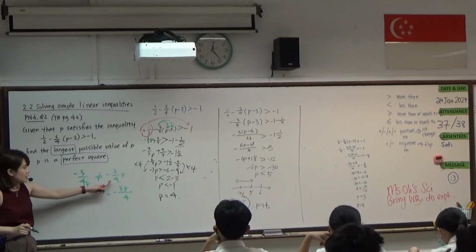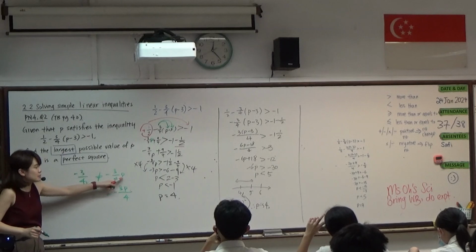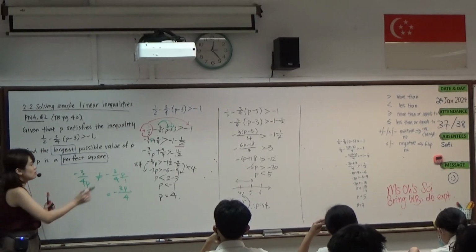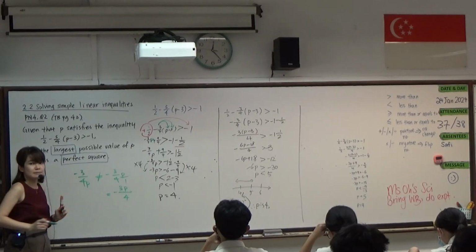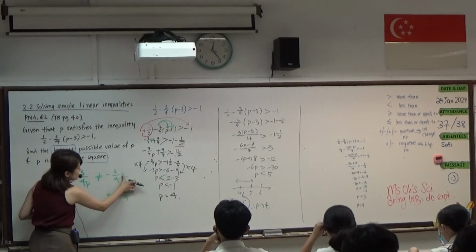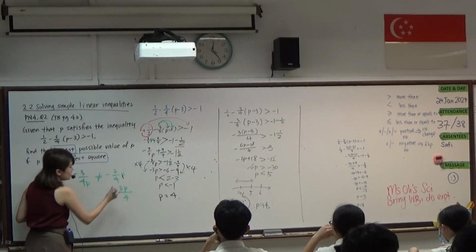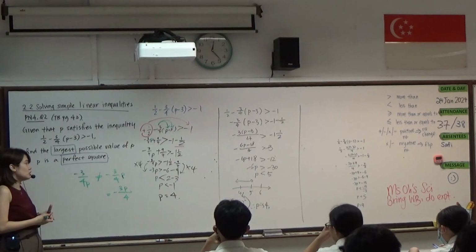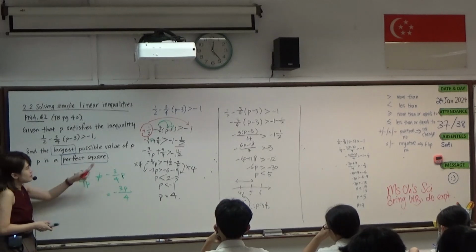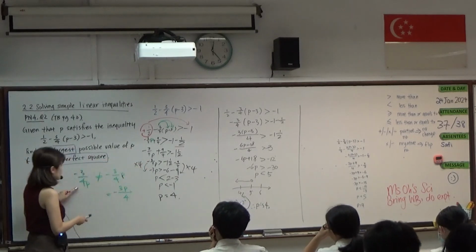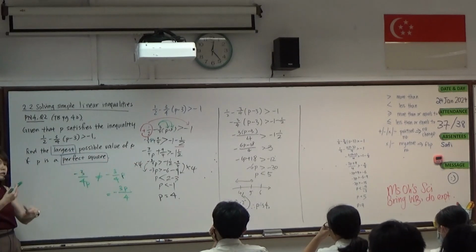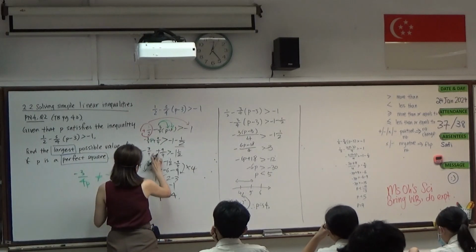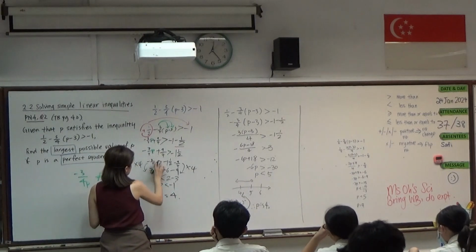Because this is 3/4 times p, so times p means times p over 1. So numerator times numerator, denominator times denominator. So either you write the p in the center beside the fraction, or else directly place it into the numerator. Based on this handwriting, it looks like it is in the denominator, which is a totally different meaning. So I will change that so that we don't get that confusion.